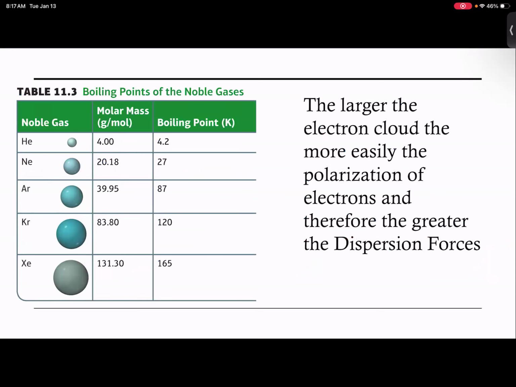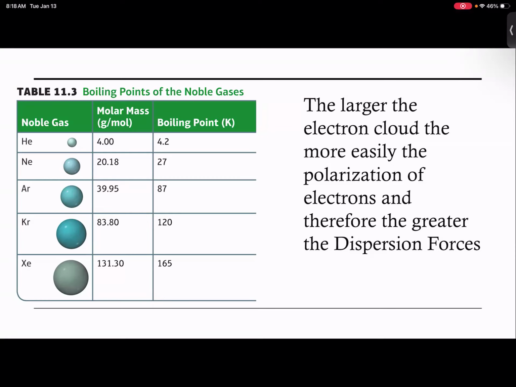Now, when we look at the molecules, again, every single molecule has some sort of dispersion force. And what you will notice is as you go down the noble gases, because they have more electrons, there is a greater chance for these dispersion forces to occur.